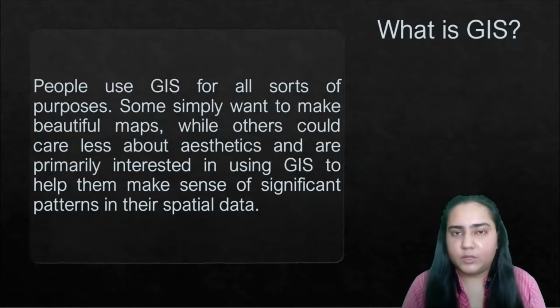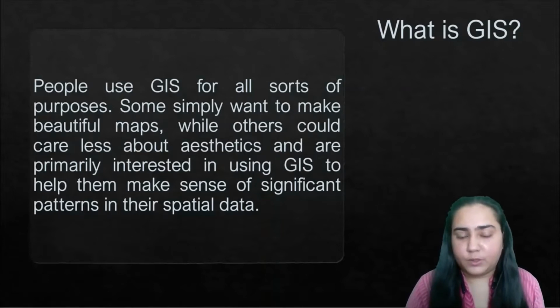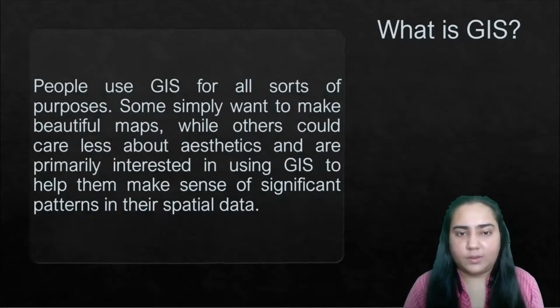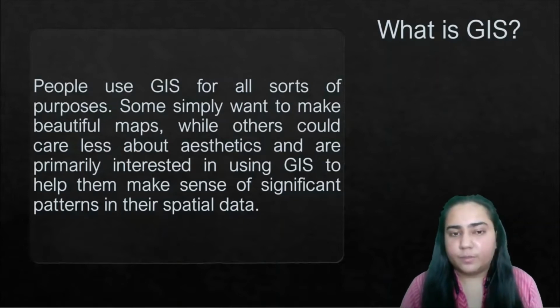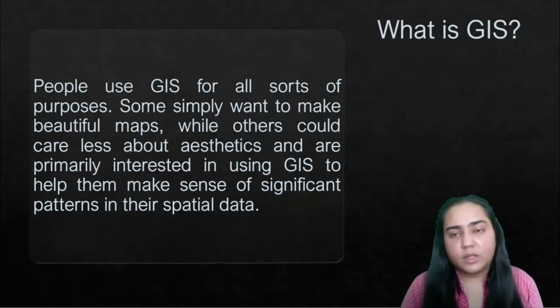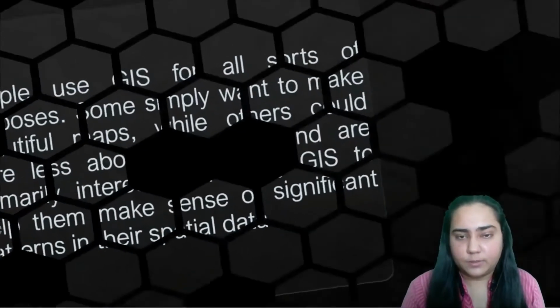Most of the people that use GIS use it because they want to create beautiful maps, maybe show a map of a particular country and color it differently based on things like population, average income of the people, or unemployment. All this data, if you want to plot it on a map, then that's where you will be using GIS. But there are people who just want to find some significant patterns in their spatial data. They also use GIS to create maps.